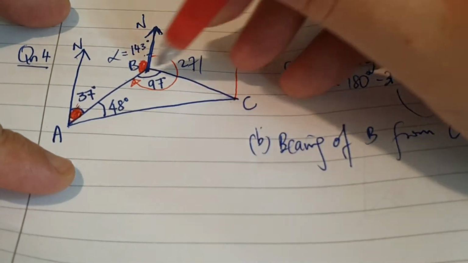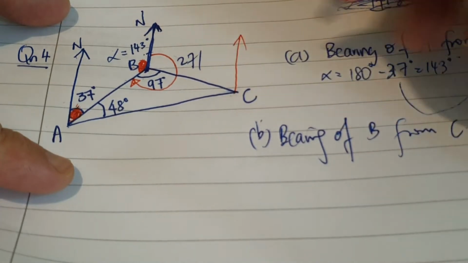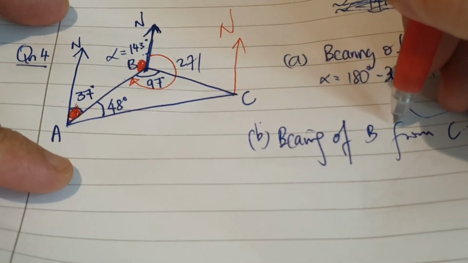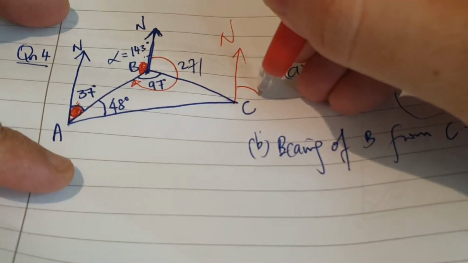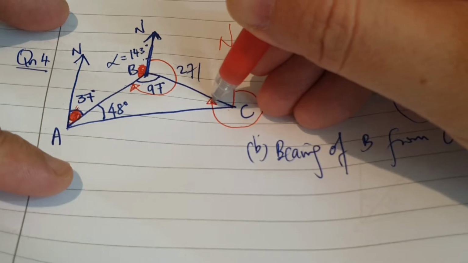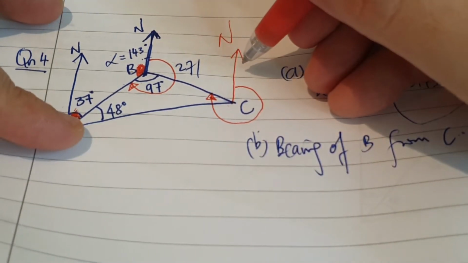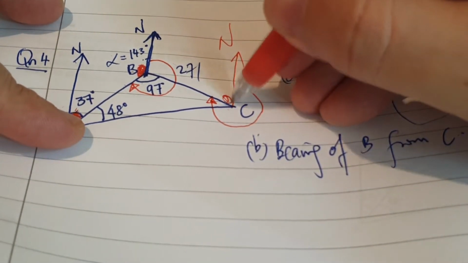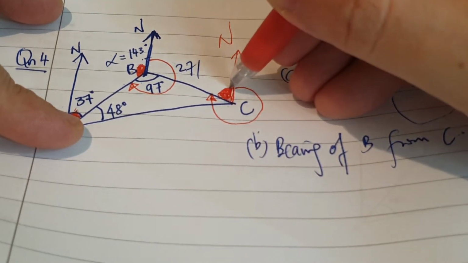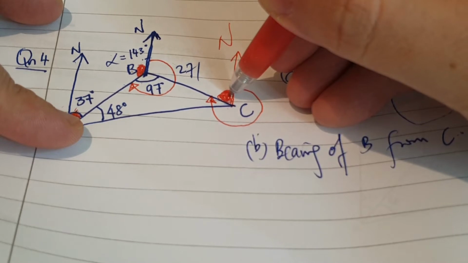You see all my north pointing in the same direction, and then you turn until you can see your B. How do I do this particular question? Don't you agree that if I know this, then I win already? Because I can just take 360 minus this one, finish already.